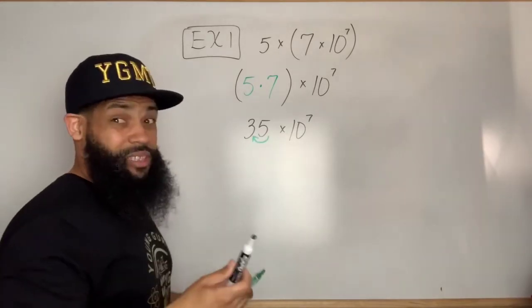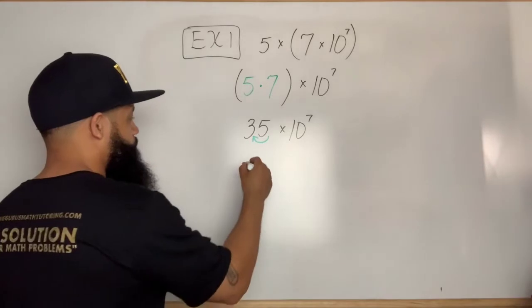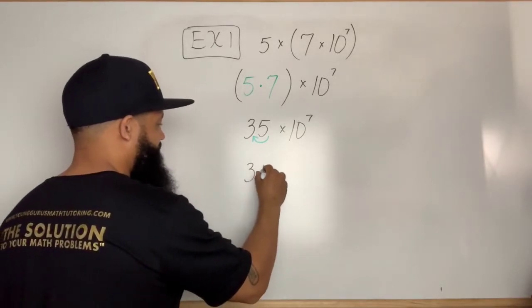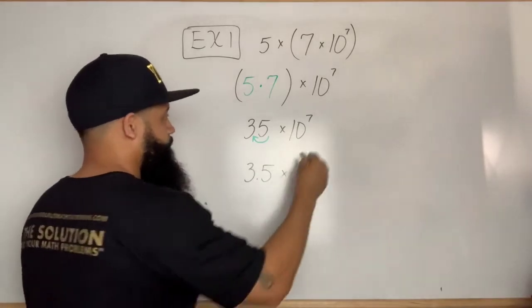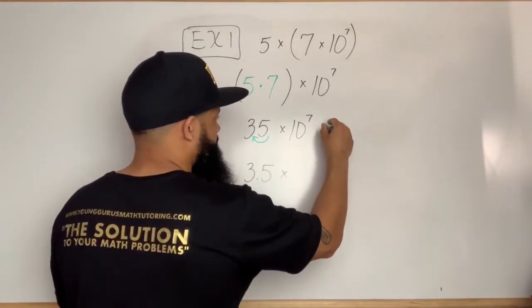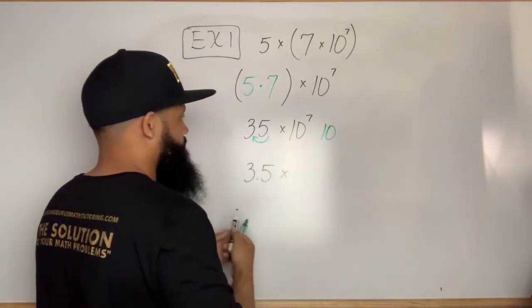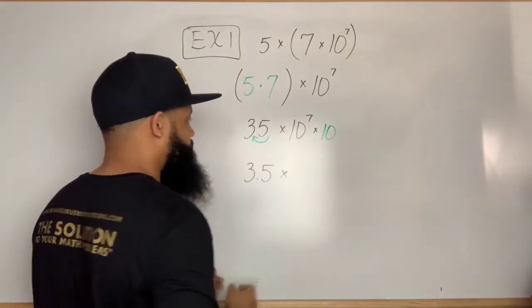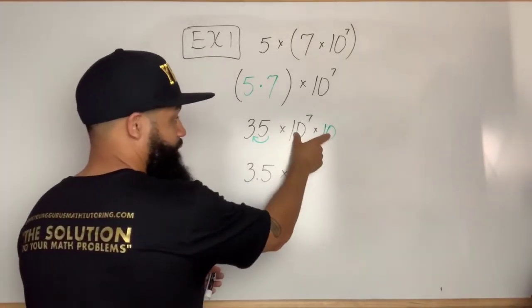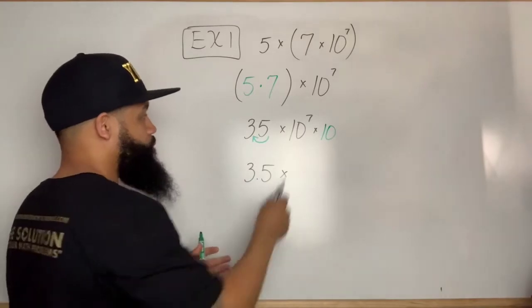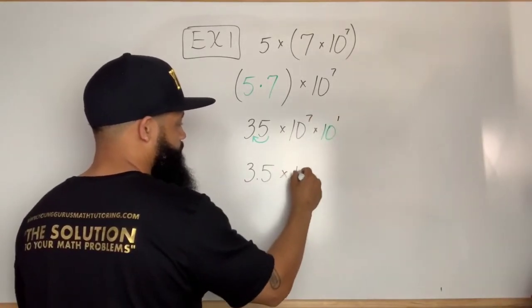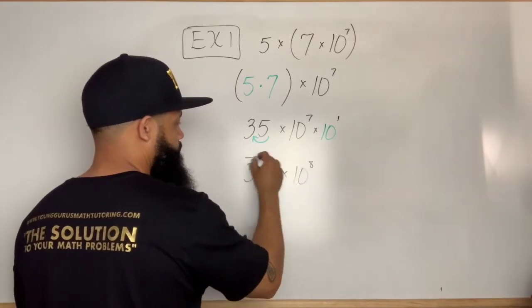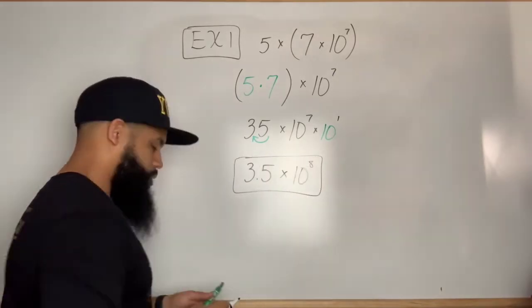That's just like dividing it by 10, so I get 3.5 times. Now if I divide this by 10, I need to multiply by 10. So we add the exponents, 7 plus 1. This gives me 10 to the 8th power, and that's our final answer.